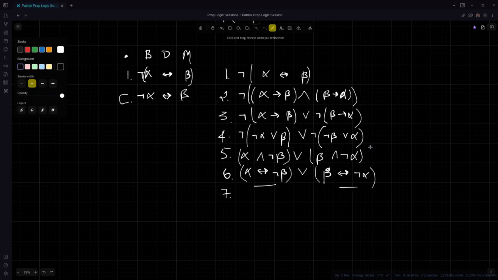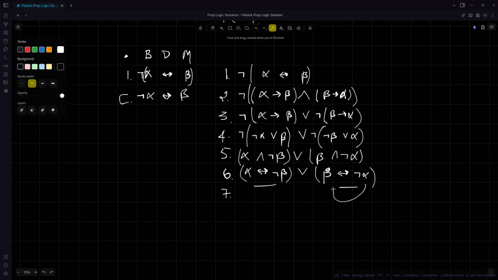That's just the rule of biconditional De Morgan's law. The two forms are alpha if and only if not beta, and beta if and only if not alpha.